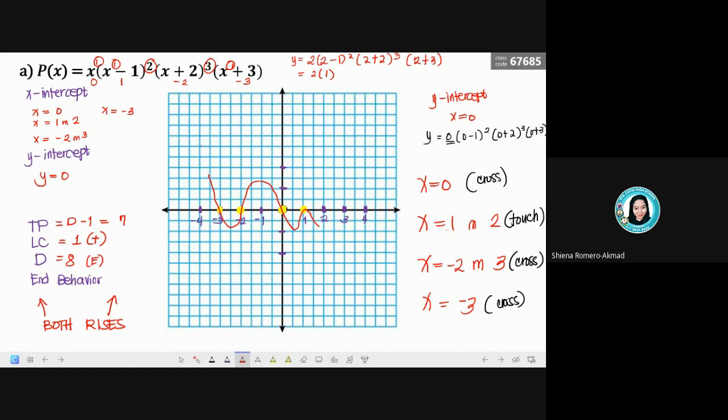Wait lang. 64. 2 plus 3, 5. Malaki na siya. 2 times 1 times 64 times 5, 640. Ang layo.